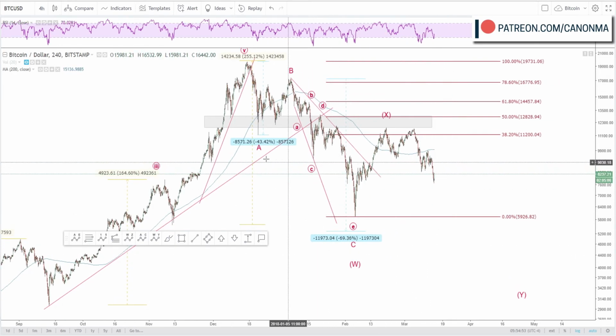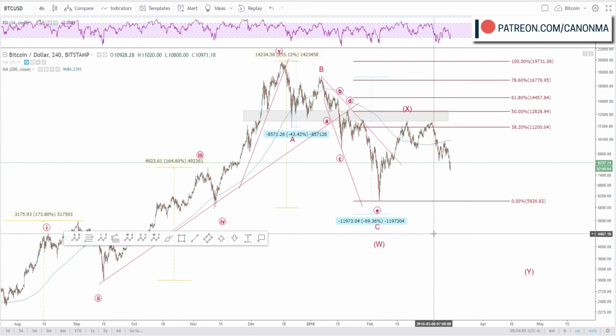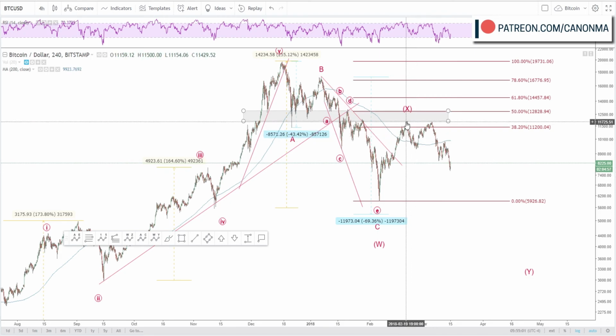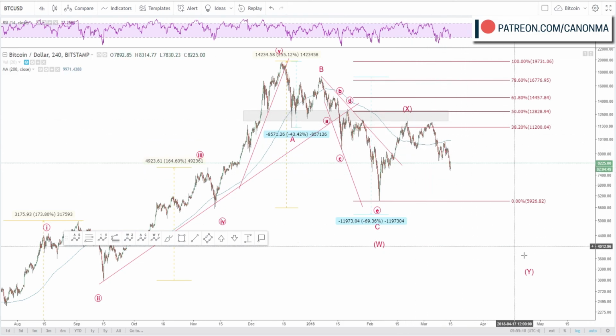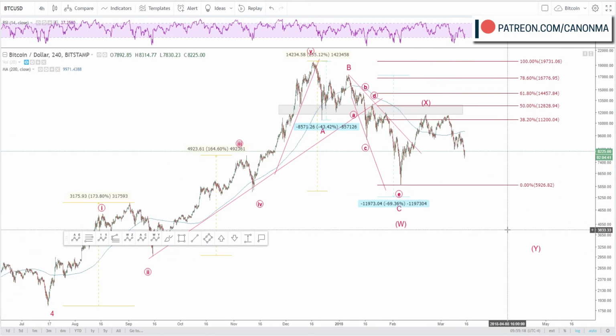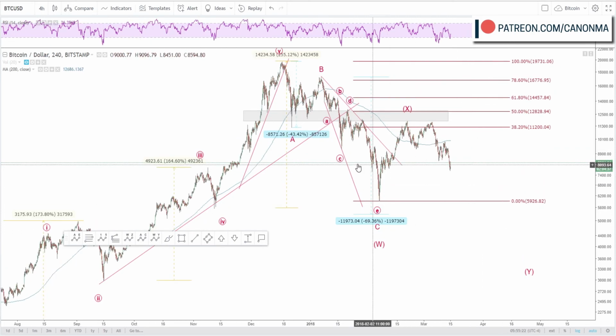Just real quick, I'm still inclined to think at this point that we're going to get one leg lower here, that the move up from those early February lows to the February 20th high was likely an X wave, and then from there we're likely carving out a Y wave. This count would take us right around the $3,000 mark on Bitcoin. So that's my initial look at this.